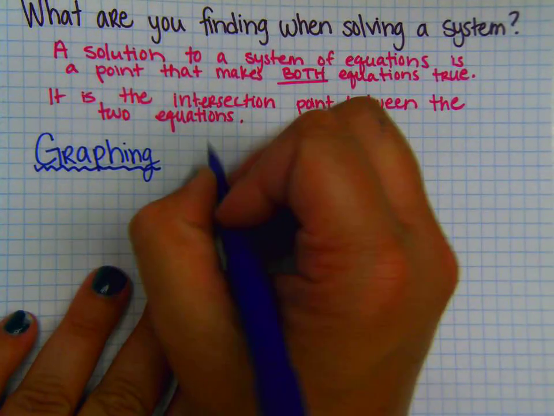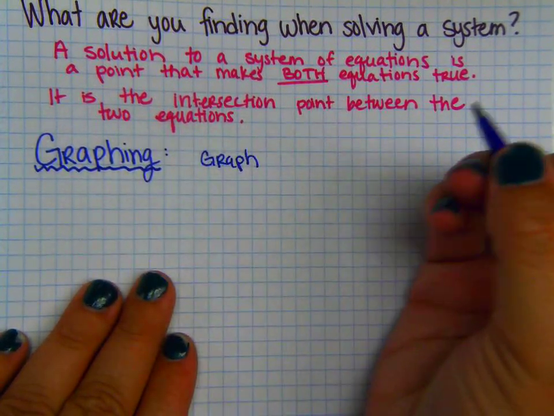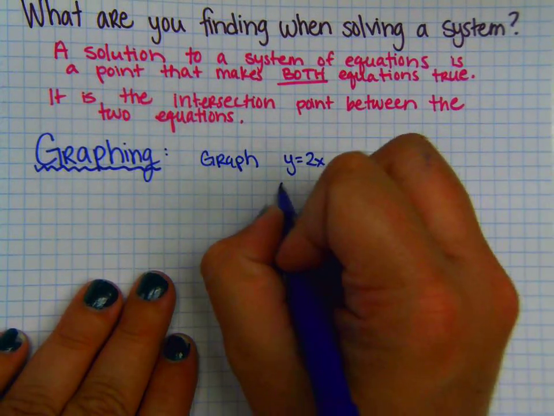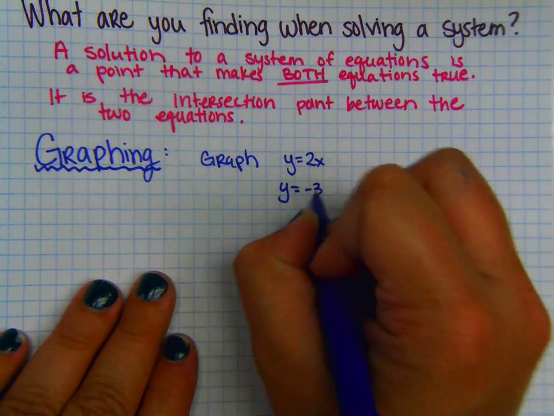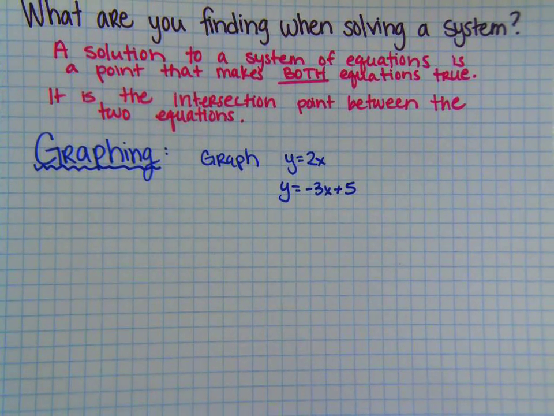We're going to graph the 2 lines y equals 2x and y equals negative 3x plus 5. We're going to just graph both of those. So let's make a coordinate plane to start.